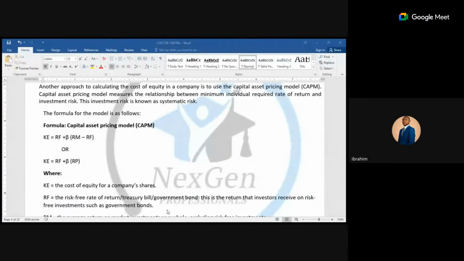So in a nutshell, the capital asset pricing model is a method of estimating the cost of equity, and it measures the relationship between what Babalola is expecting and the risk that will affect Babalola.